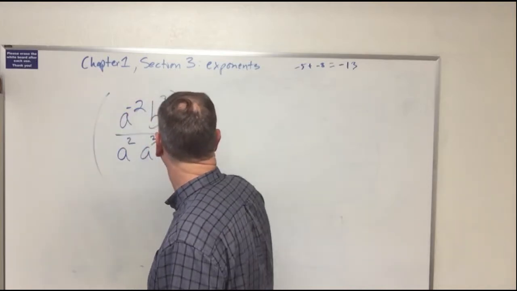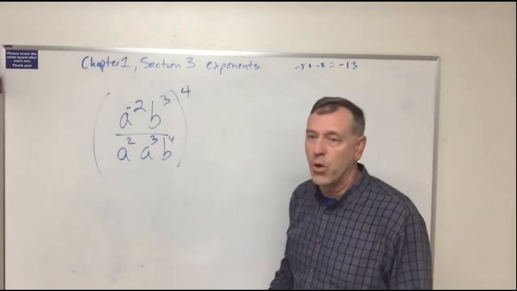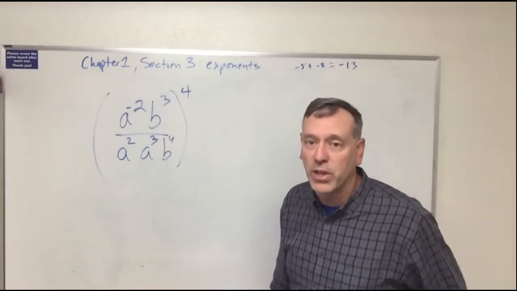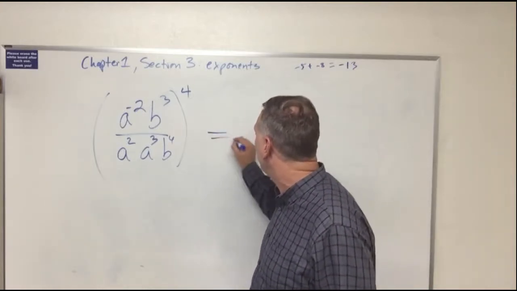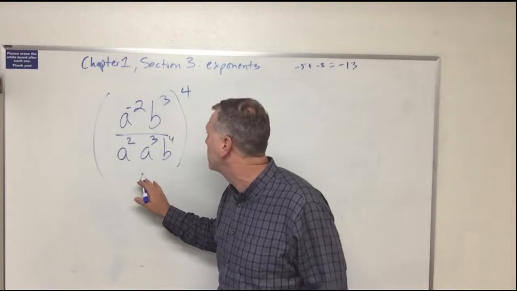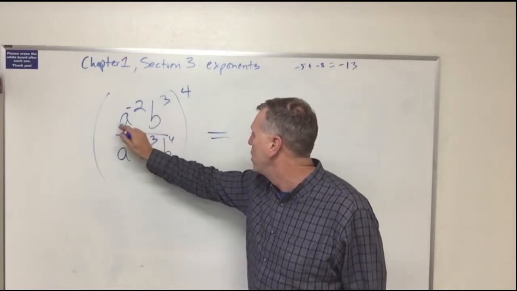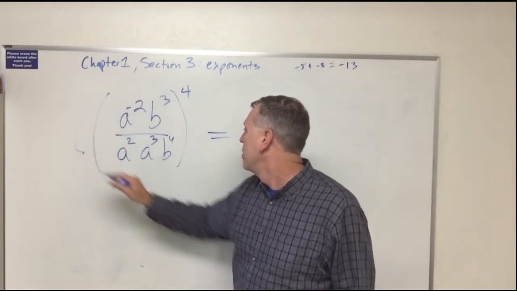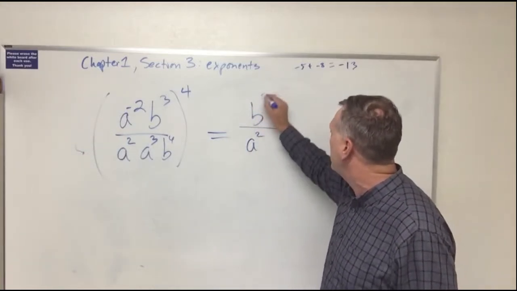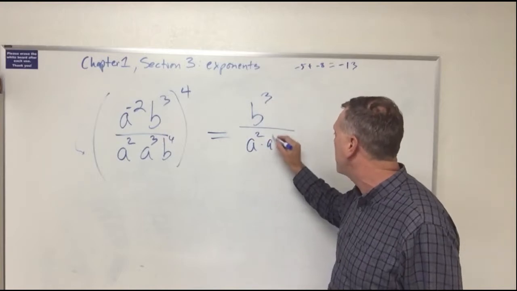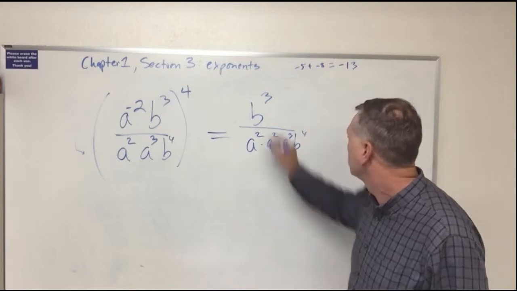And let's suppose we take this whole thing and write it to the 4th power. So that's a mess, or at least it looks like a mess, but we're going to clean it up here. The first thing we can do is work inside this parenthesis for just a minute, and we can pull that a to the minus 2 down here and write that as a squared. So we're going to be left with b to the third, over a squared times a to the third, b to the 4th.